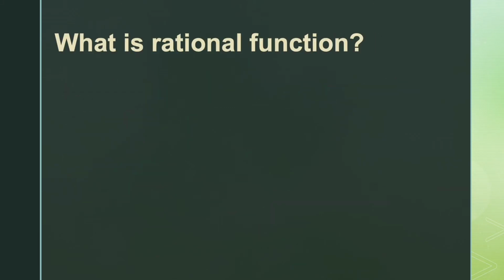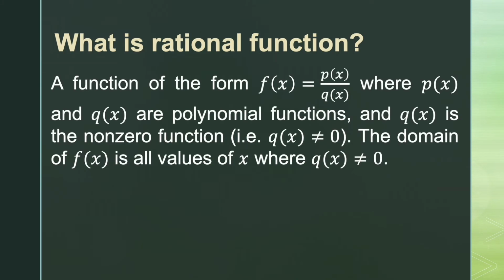And we have our last definition. What is a rational function? A rational function is a function of the form f of x equals p of x over q of x, where p and q are polynomial functions and q is the non-zero function. The domain of f of x is all values of x where q of x is not equal to 0.